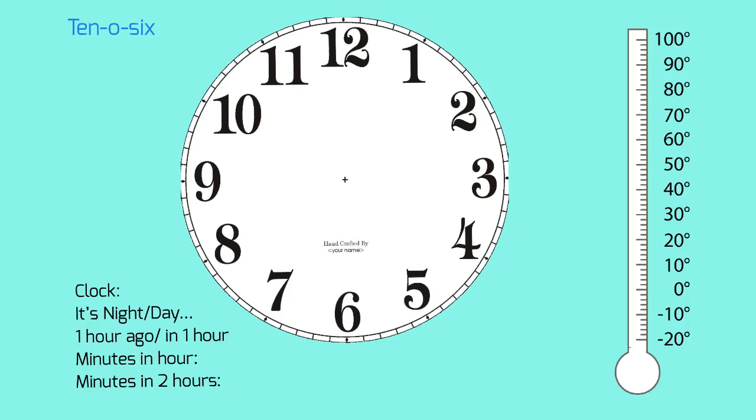Okay, the time we want to show on the clock is 10:06. So we know that 10 is the time of the hour, so we want the short hand pointing towards the 10. So we'll go ahead and do that now.